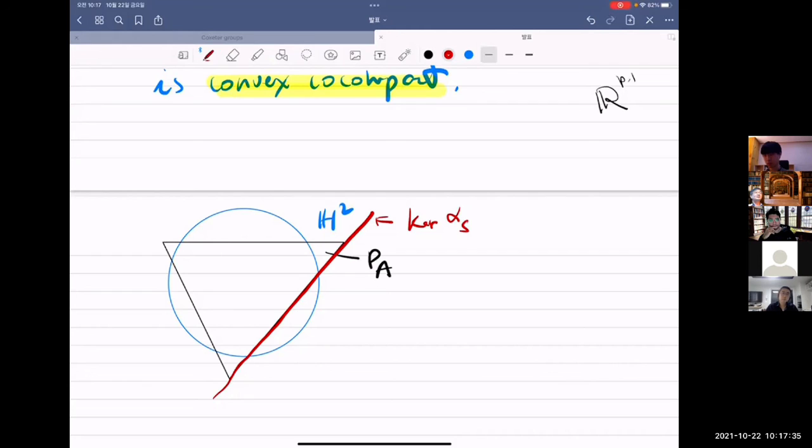And then there will be these points, the vertex, which is BS.